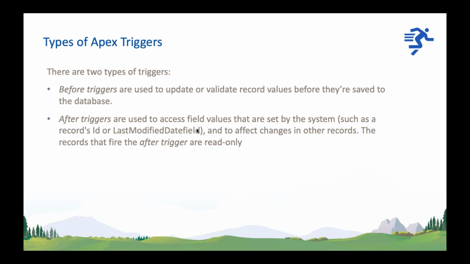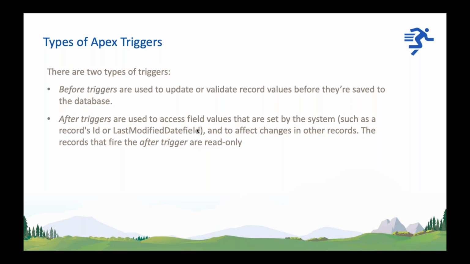Okay, so there are two types of triggers. One is before triggers, the other is after triggers. Generally using before triggers, we update a record, we validate a record. In after triggers, we can read certain fields like record ID.